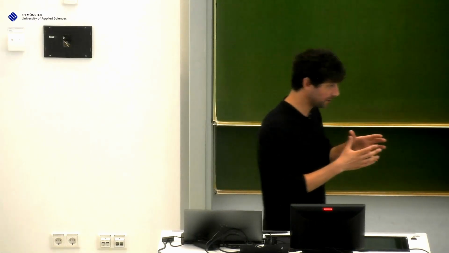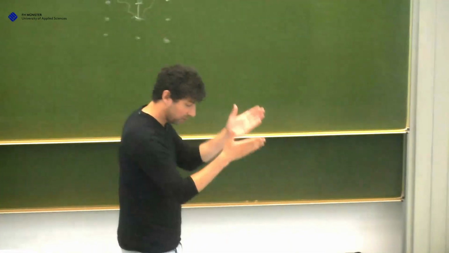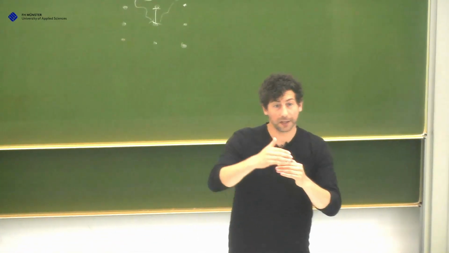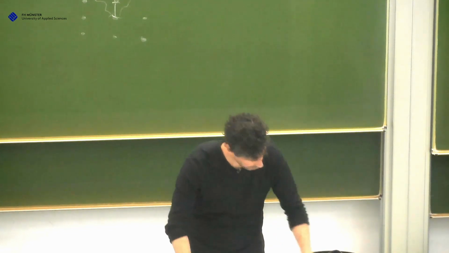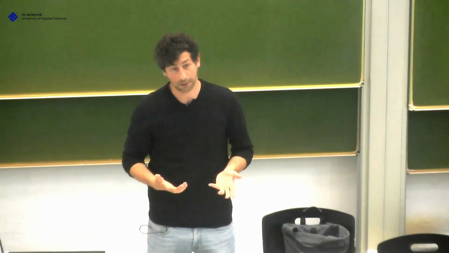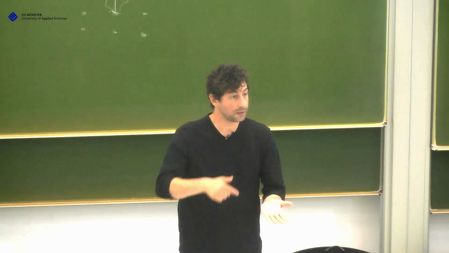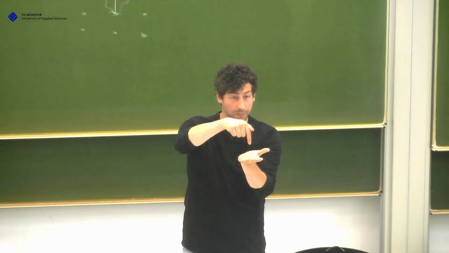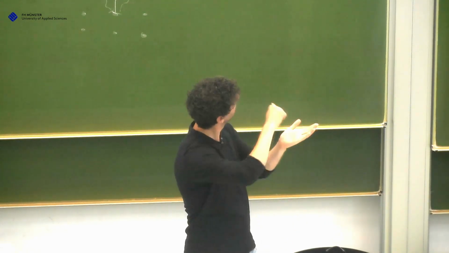It doesn't work perfectly like this. Mostly you have a few atoms, and the atom on your small tip interacts with your sample. So you go over a sample, and the tip interacts. How does it interact? Adhesion force. Okay? So there is an adhesion force between the tip and the sample.